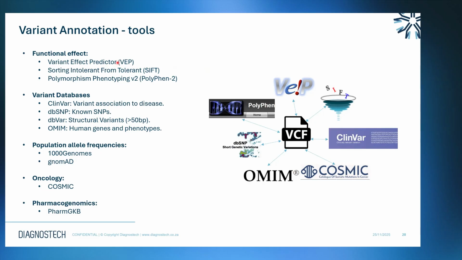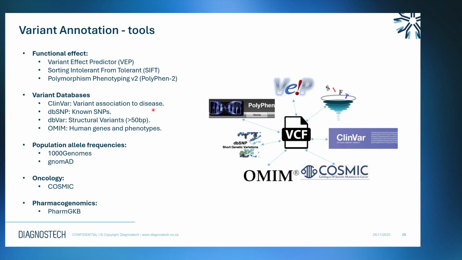Whether it's a missense variant, a nonsense variant or loss of function, it's going to tell us the prediction of pathogenicity due to that variant. We then also use a lot of databases: obviously ClinVar, which has lots of variants that are known to cause disease; dbSNP, which has a range of known SNPs; dbVar for structural variants; and OMIM, which has a curation of variants, human genes and phenotypes.